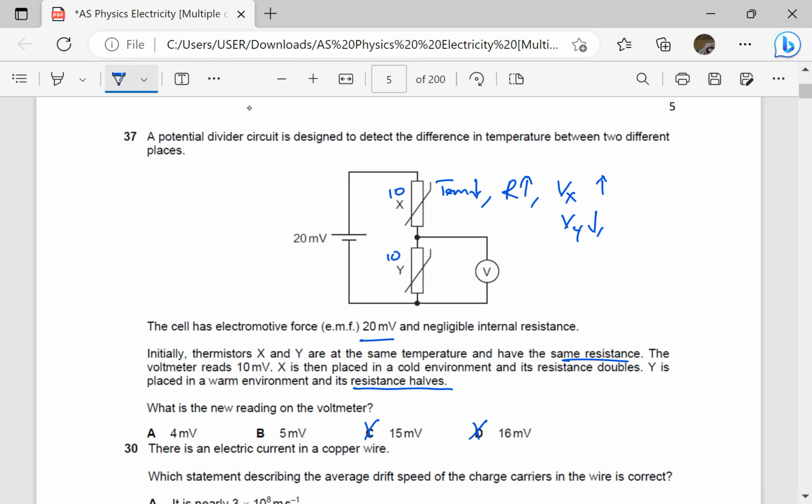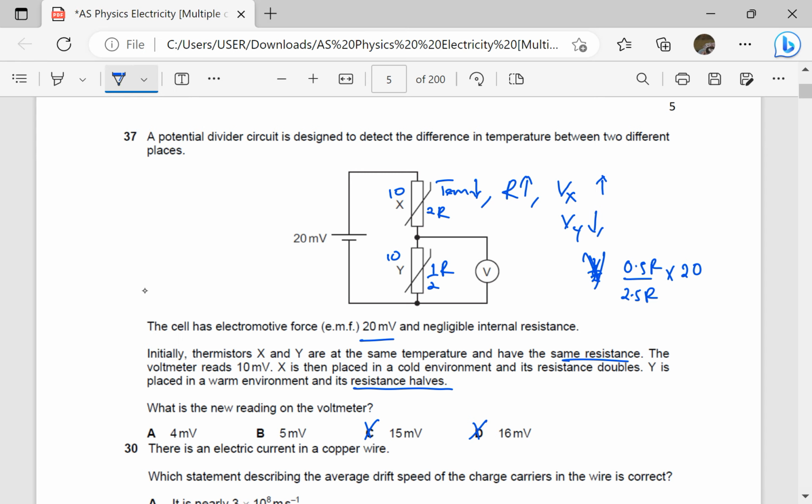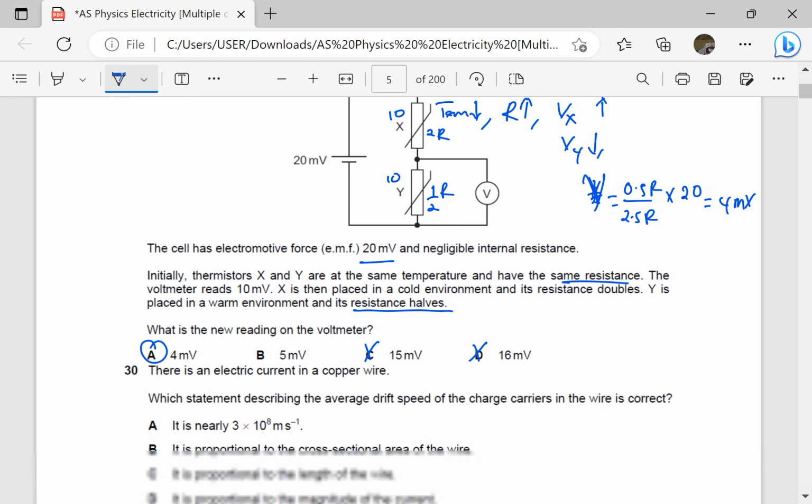So I will say this one is half of R because they initially had the same resistance, and this one is twice R. Let's find the PD across Y. So 0.5 R divided by the total resistance, which is 2.5 R, then times 20 millivolts. So 0.5 divided by 2.5 times 20 gives us 4. So the new reading is going to be 4 millivolts. So our answer is going to be A.